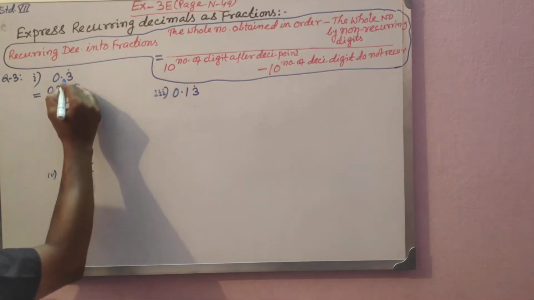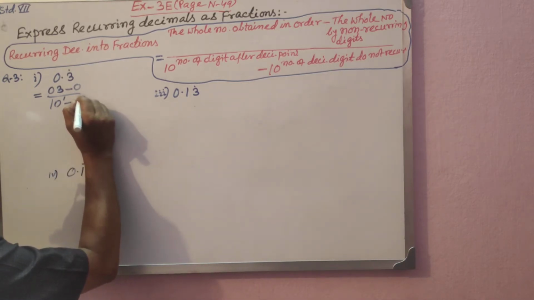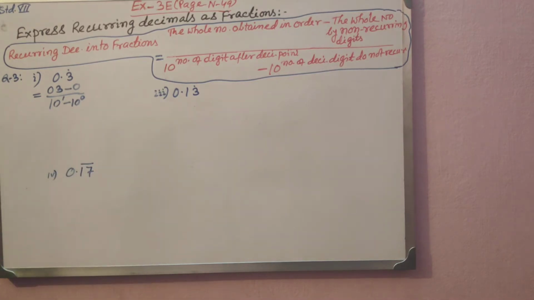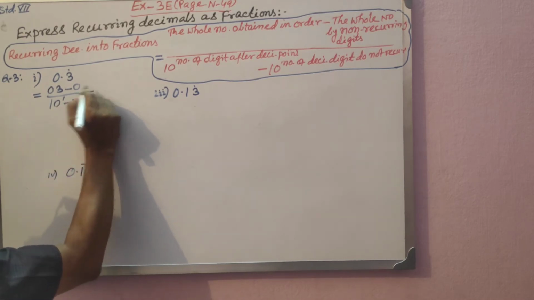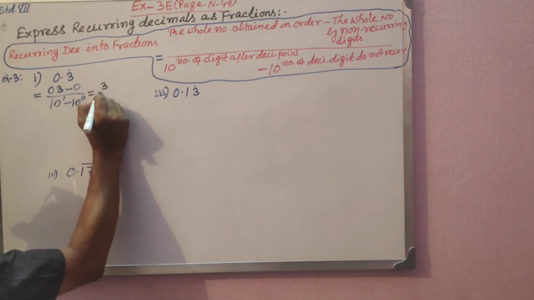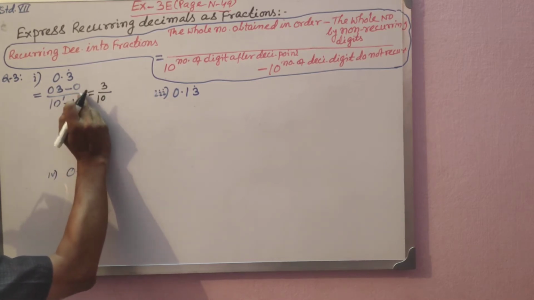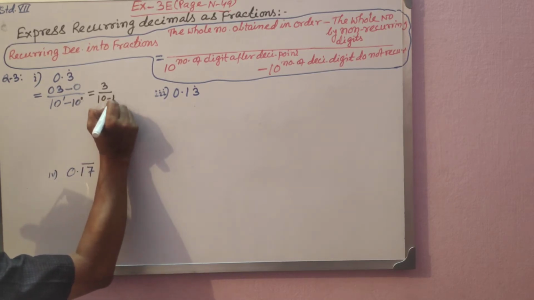Is there any decimal digit which is not recurring? No. So in that case 10 to the power 0. Anything to the power 0 is equal to 1, you know that. So next line you can write down 3 minus 0, that is 3, divided by 10 to the power 1, means 10, minus anything to the power 0 is equal to 1, that is minus 1.